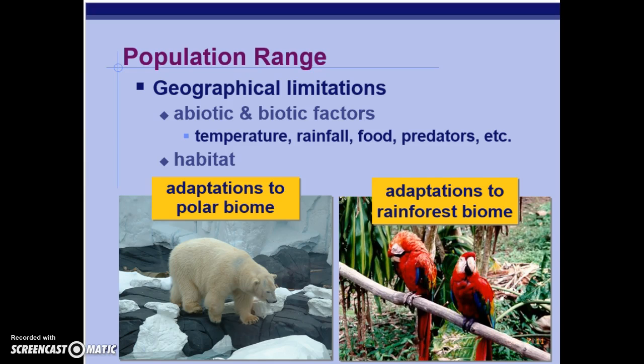So it's not only geographic limitations that are, for example, a mountain or an island or something that would very much define geography limitations. But it also is things like temperature or rainfall, food, predators. These are all things within the range. They're things that are going to very strongly influence the population's density and its dispersion.